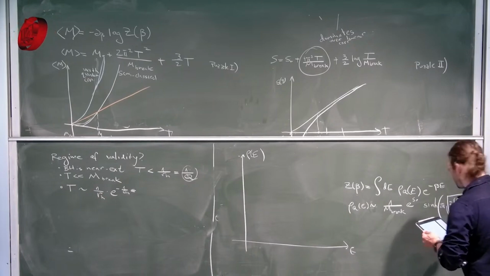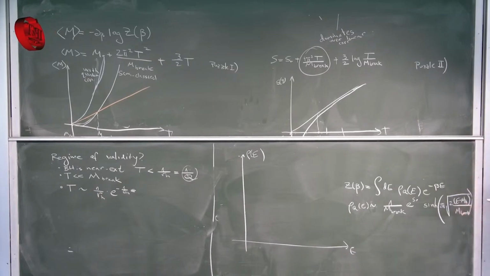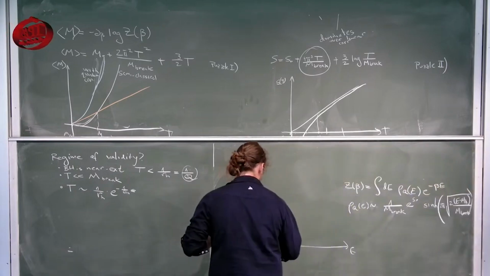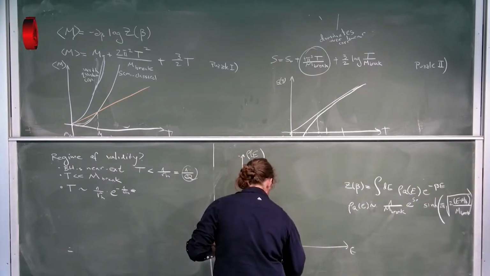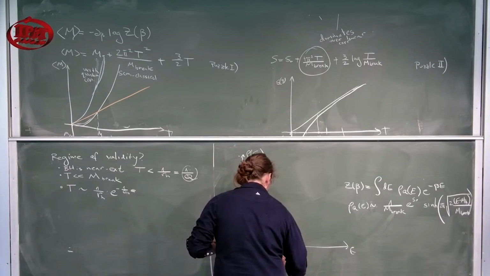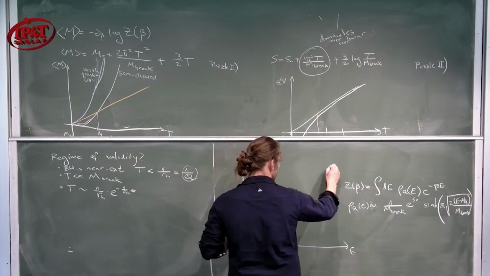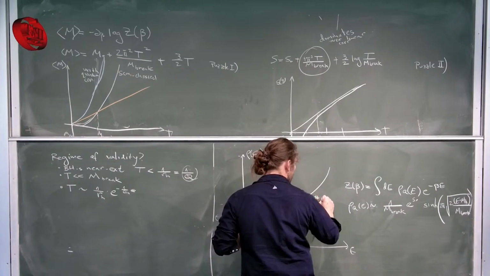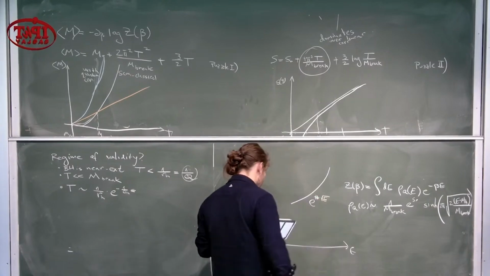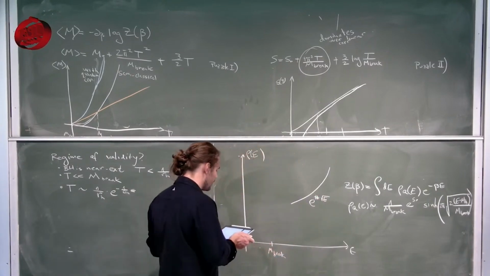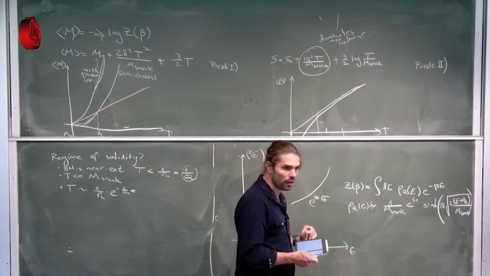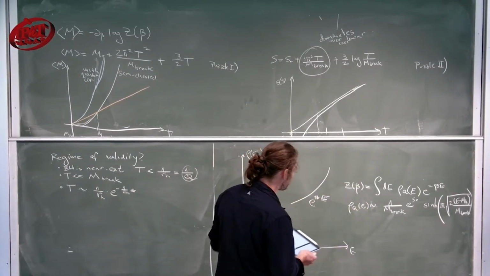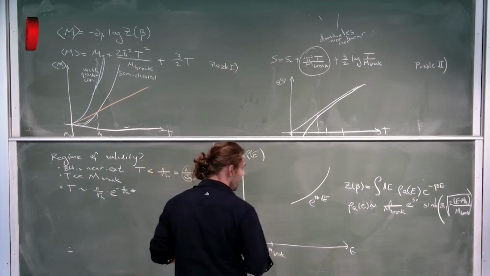Okay, so let's analyze a little bit the analytic behavior of this function. At very large energies, so here's M breakdown, the function grows like e to the some number times square root of E, which is precisely the type of state growth that you expect for black holes due to Cardy's formula and many other arguments.